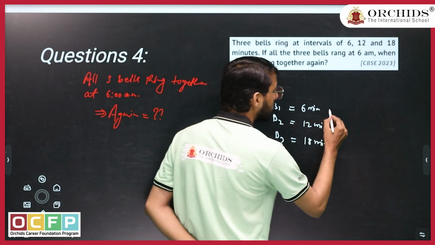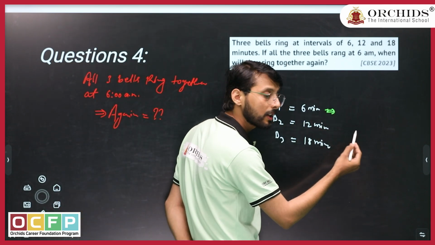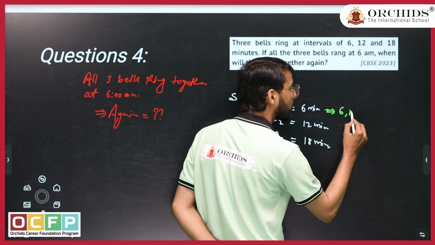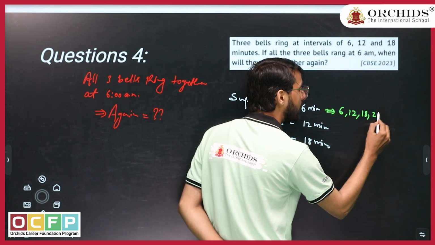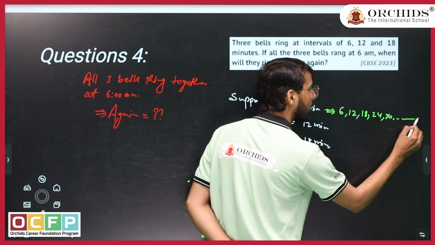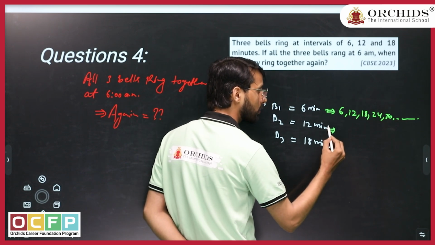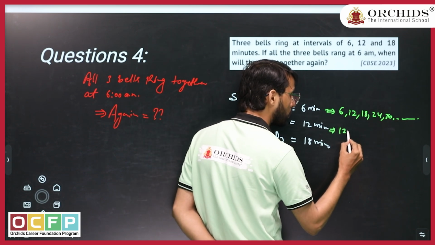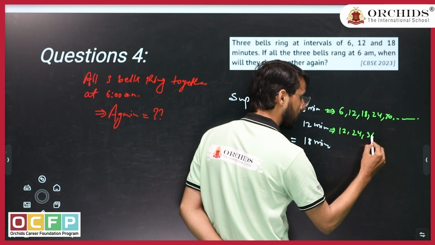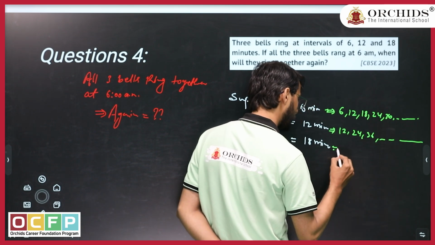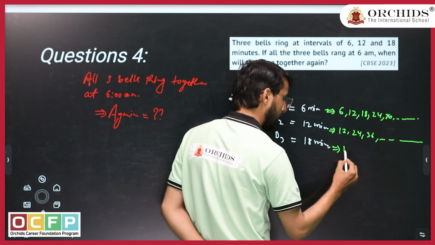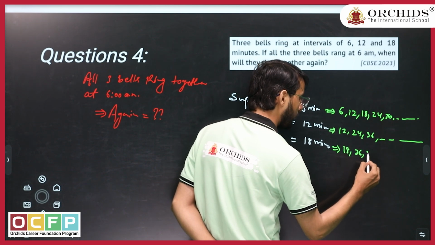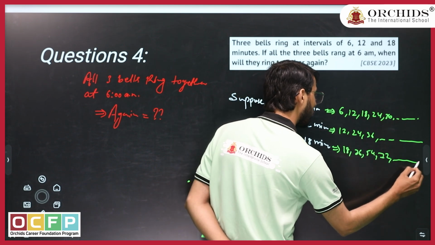If it is going with a multiple of 6, it means 6, 12, 18, 24, 30 and so on. Same way, multiples of 12: 12, 24, 36 and so on, and multiples of 18: 18, 36, 54, 72 and so on.